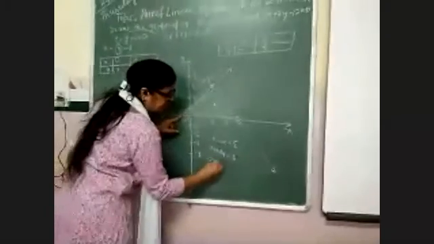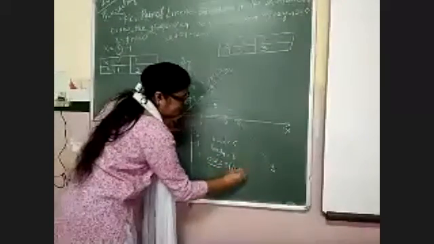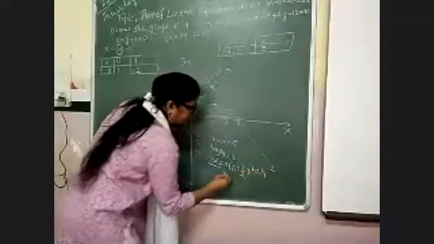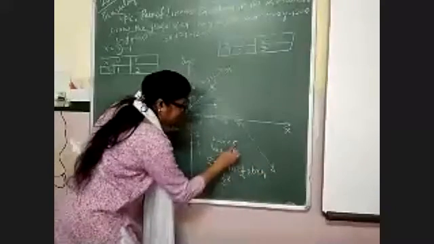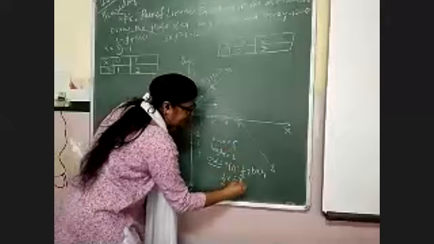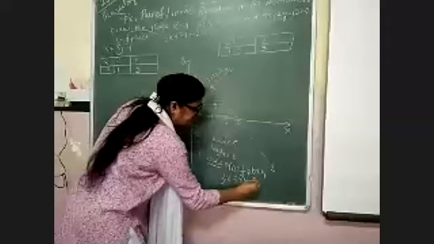Area of triangle equal to half into base into height. Base is 5 and height is 3. 15 upon 2 equal to 7.5 square units.